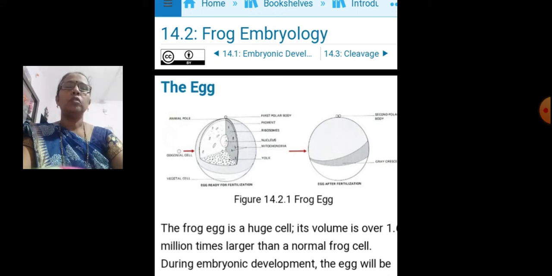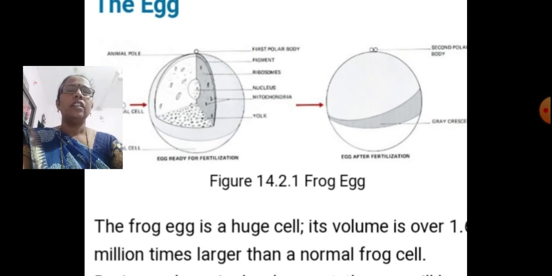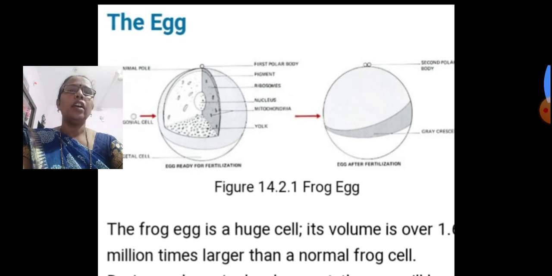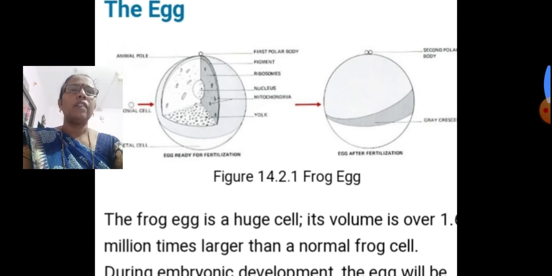First, we learn about the structure of the eggs of the frog. In the figure, we see that the frog egg consists of two halves, the animal half and the vegetal half. In between these, oogonial cells are present. In the anterior most region is the first polar body.